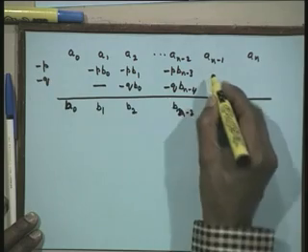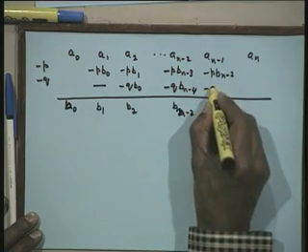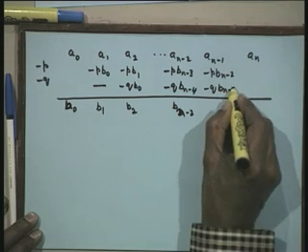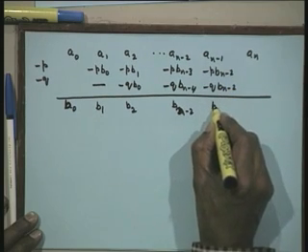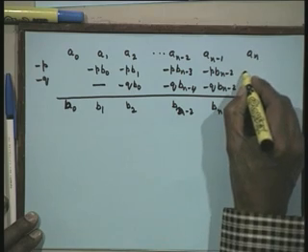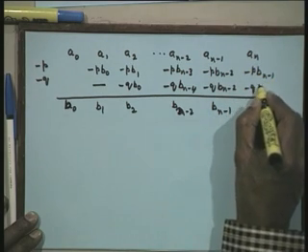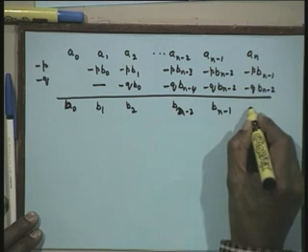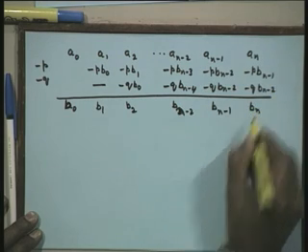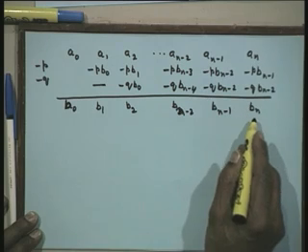So I multiply this by minus p bn minus 2 minus q bn minus 3, I will get here bn minus 1, and finally minus p bn minus 1 minus q bn minus 2, and I will get here bn. Now the first level of synthetic division is complete.